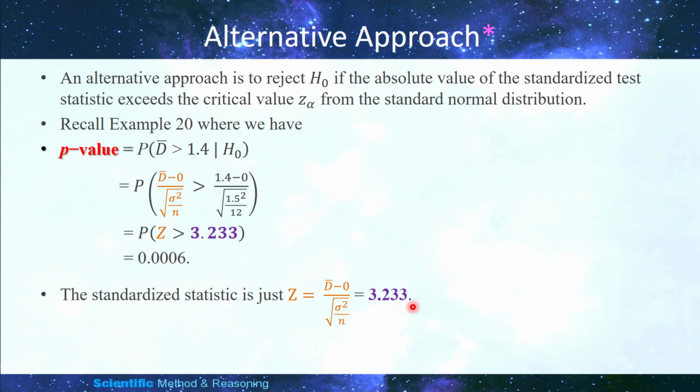This is the test statistic. The p-value is also one form of the test statistic, and 3.233 is another form of the test statistic. This is what we call the test statistic based on the z-test, which is associated with z, the standard normal distribution.